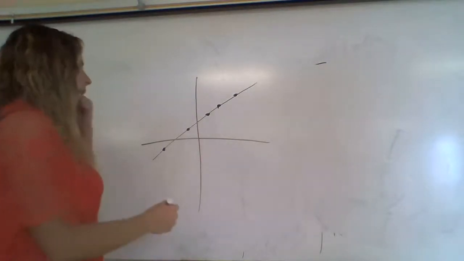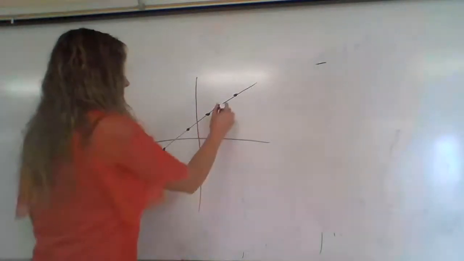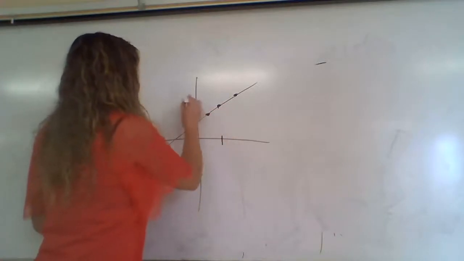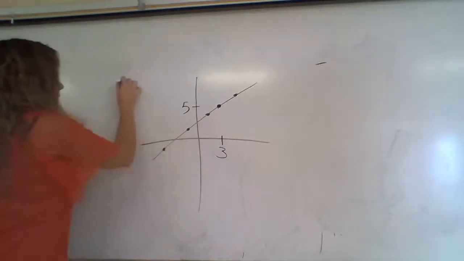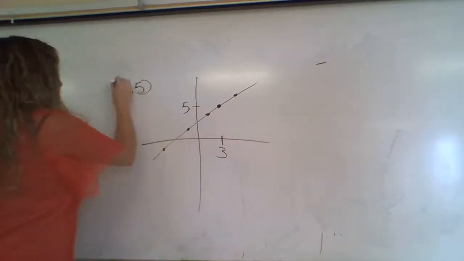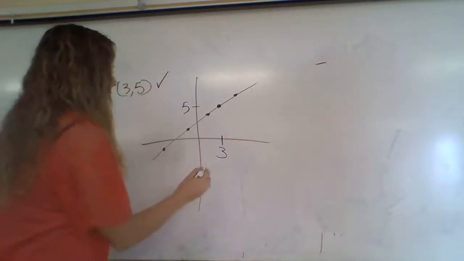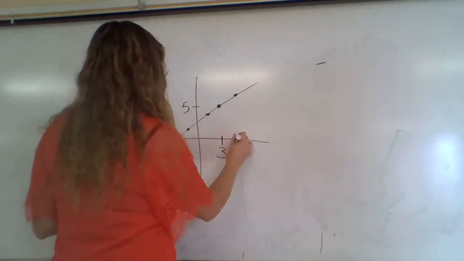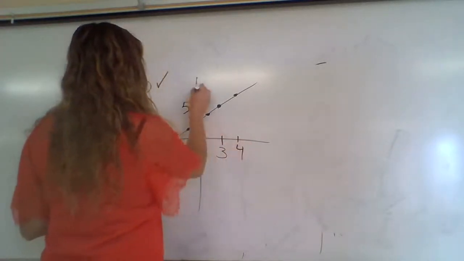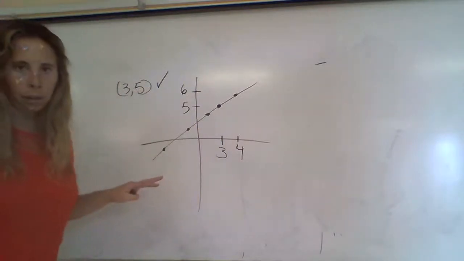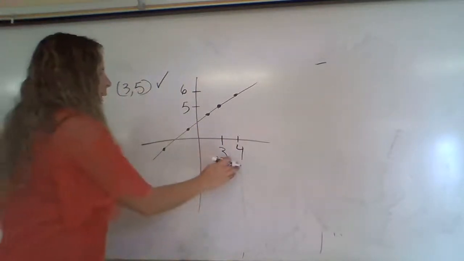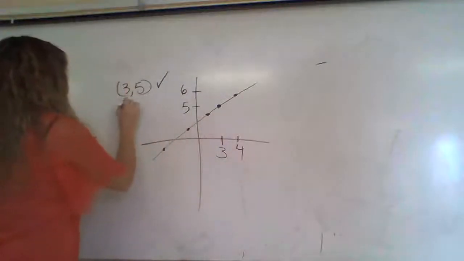So this is just an example, but let's say this is the point (3, 5). That's the point (3, 5). So (3, 5) is a solution. Yes. All right, let's make this (4, 6). This is not a line on your homework, I just drew this line. So I could say (4, 6) is a solution.